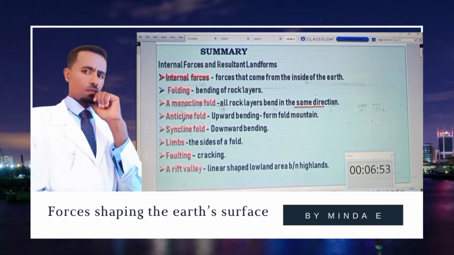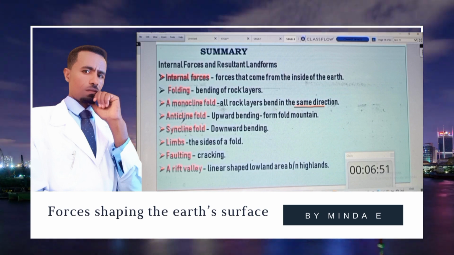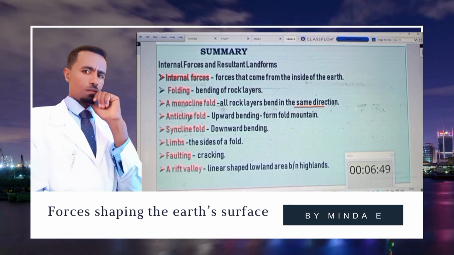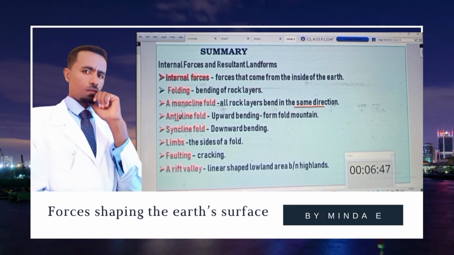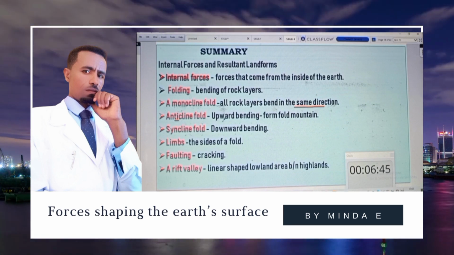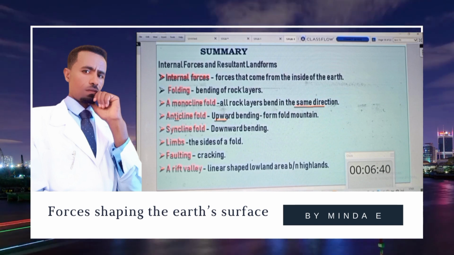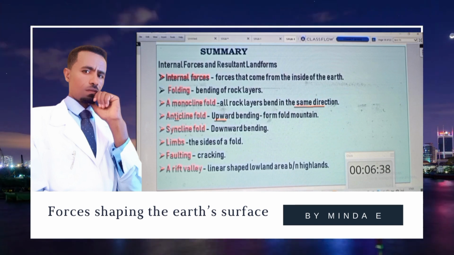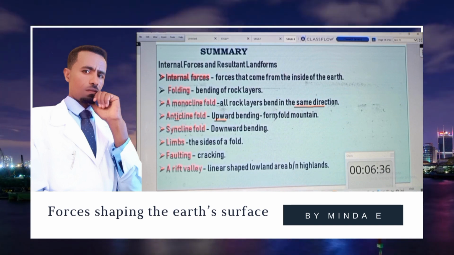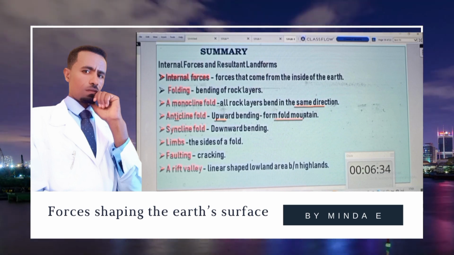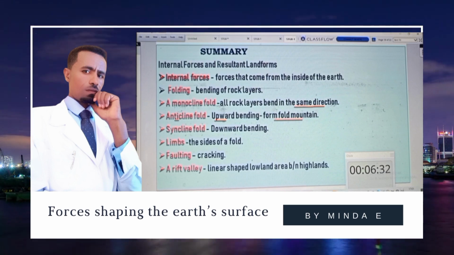Another folding type we have seen is the anticline fold. Anticline fold is upward bending, and the result of anticline fold is the formation of fold mountain.